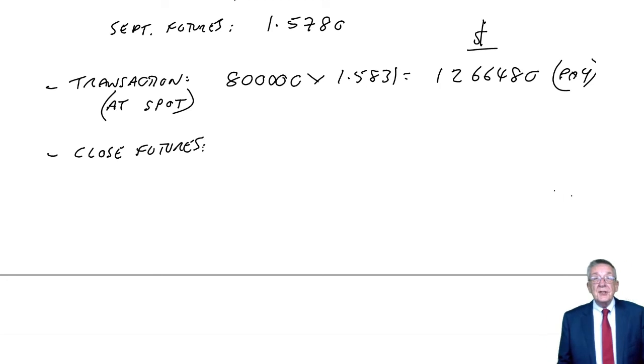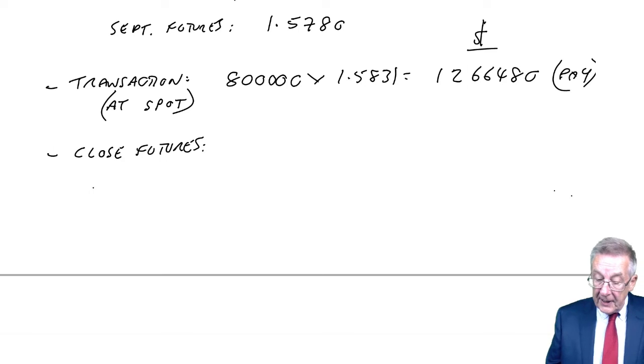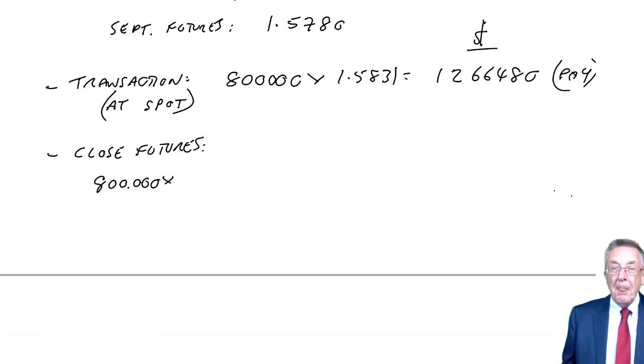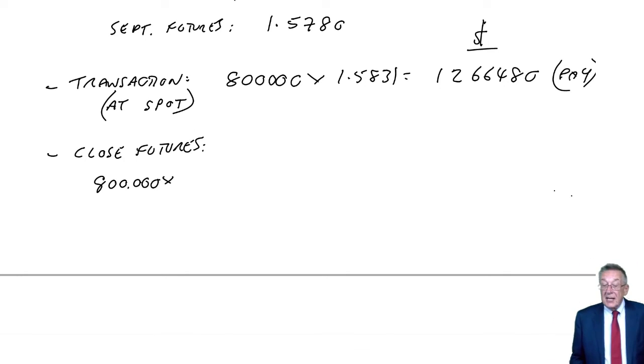And what was our futures deal? I'd rung the dealer and said, buy me £800,000 worth of futures. When I started the deal, the futures price was 1.5580, so I bought at 1.558.